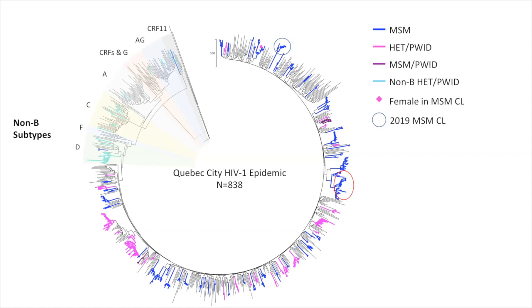On the left-hand side, you can see large cluster outbreaks in pink, and that was an early people who inject drug epidemic that was more apparent in Quebec City. But what you can also see is the rise of a large cluster of subtype C existing, in which there are 18 women infected and 2 men belonging to this cluster.